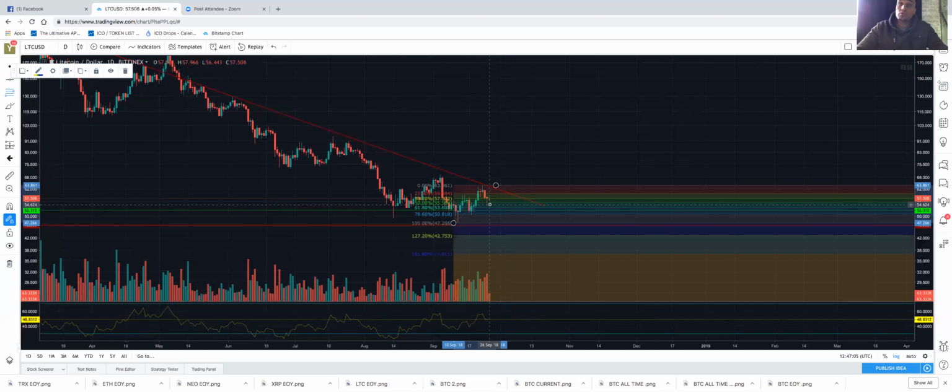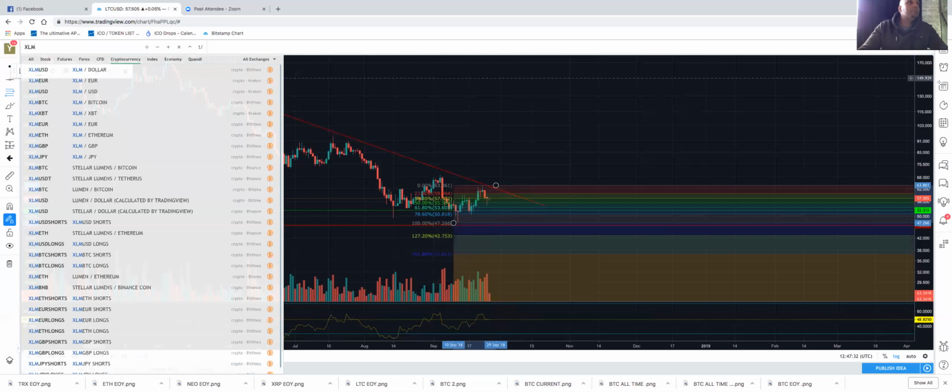What I would do if I were you, if you aren't in the market, I would look at possibly taking up a small percentage, and then buying maybe 50% at $51, and then holding out for the balance to hopefully come in at that $46, $47 area again to accumulate some more LTC. And that's our short-term target for Litecoin.